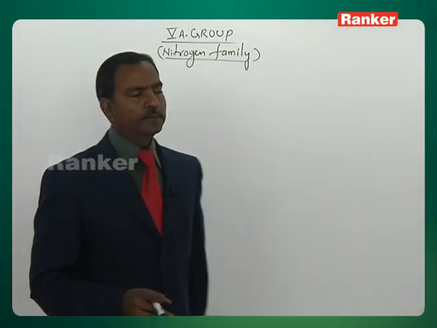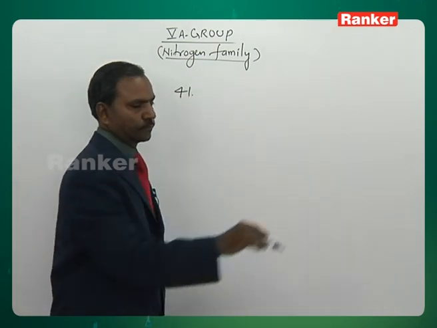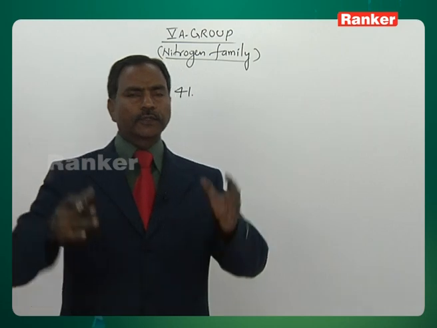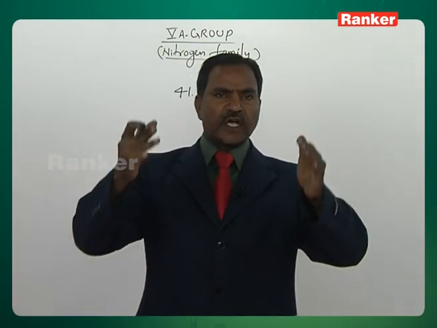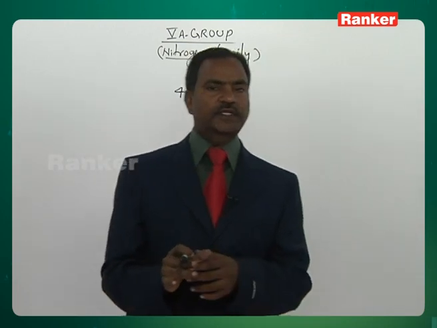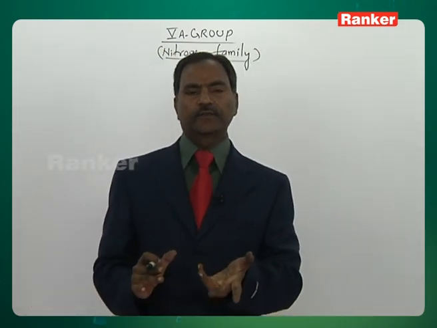Question number 41. The number of hydrogen atoms attached to phosphorus atom in hypophosphorus acid is: A, 0; B, 2; C, 1; D, 3. So remember, you should remember all these phosphorus oxy acids, their chemical formulae, their structures. Then only can you easily answer any question on the oxy acids. The question is what?